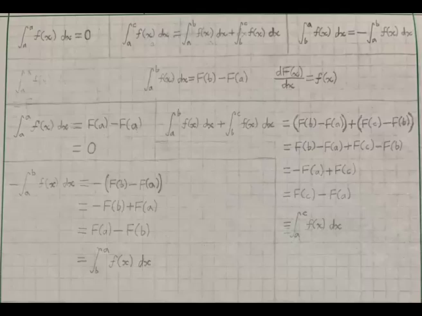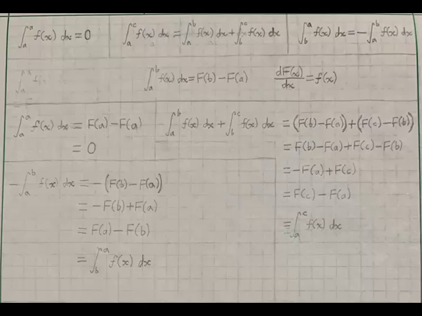For the second integral rule, let's start with the right-hand side. The first integral becomes big F of b minus big F of a, whereas the second becomes big F of c minus big F of b. So the whole thing becomes the difference of big F of b and big F of a plus the difference of big F of c and big F of b.